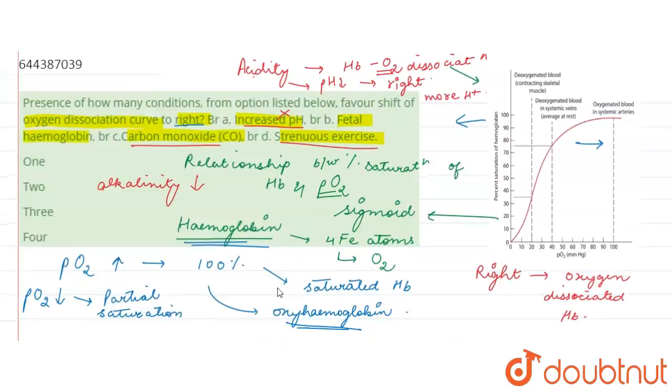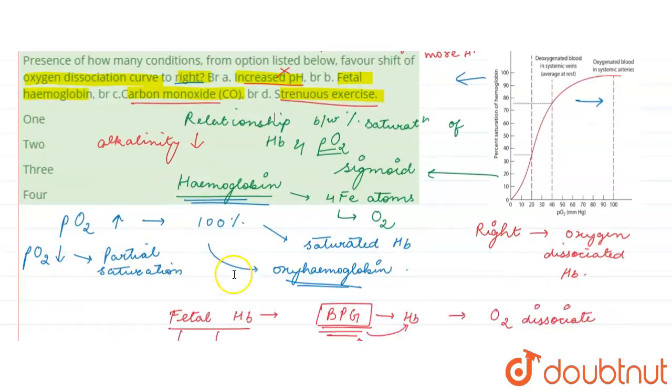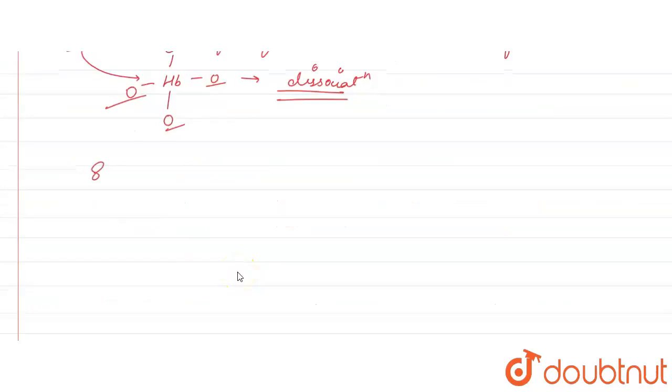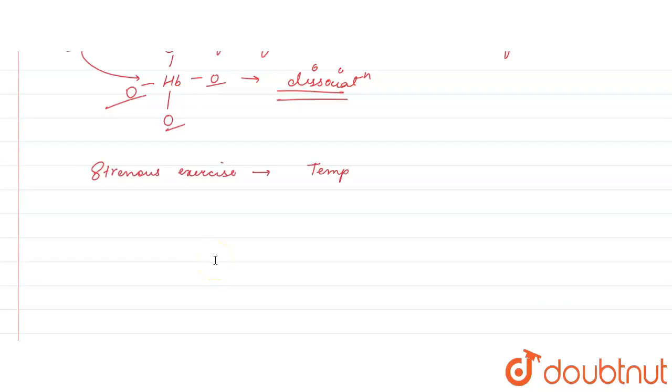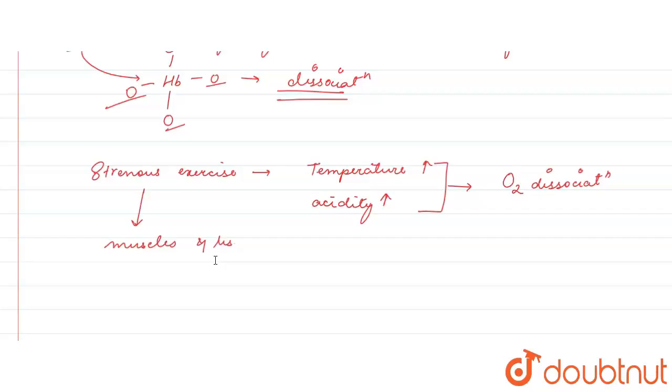Then last is strenuous exercise. During strenuous exercise, the temperature increases, right? Also, the acidity increases, right? Both of these factors affect the oxygen dissociation. During exercise, the muscles and the tissues require more oxygen, right?